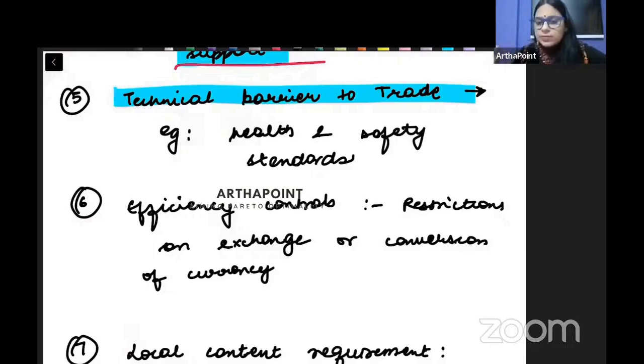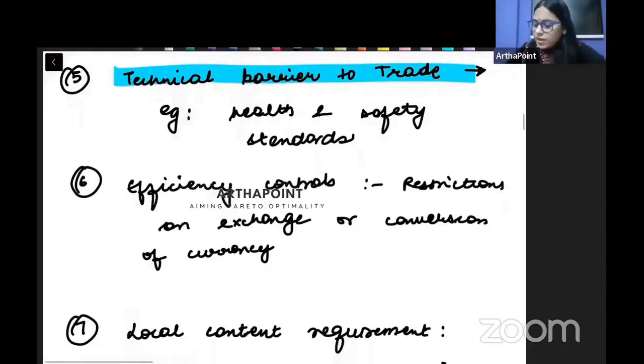We will not import from it, right? So developed countries do this with developing countries. They say their health standards are not maintained. They are not maintaining health standards. We will not purchase from them. Are they putting any tax? No. Still, there is a barrier to it.